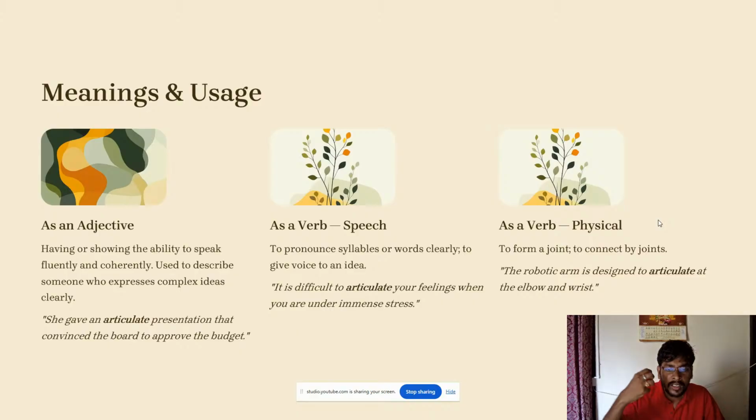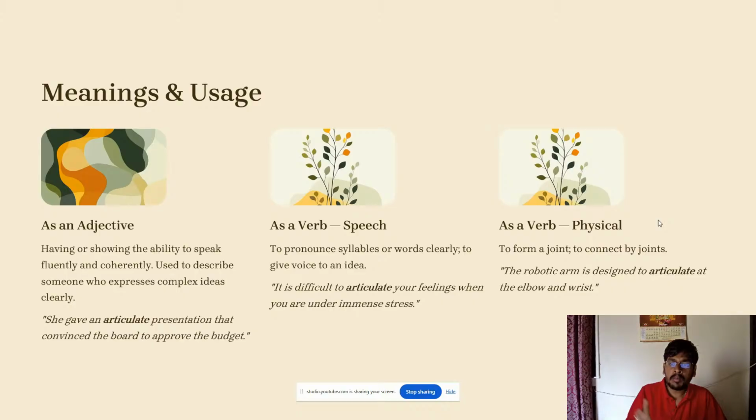It is very difficult to express your feelings clearly when you are under immense stress. So here we use articulate: it is difficult to articulate, pronounce or express words clearly.